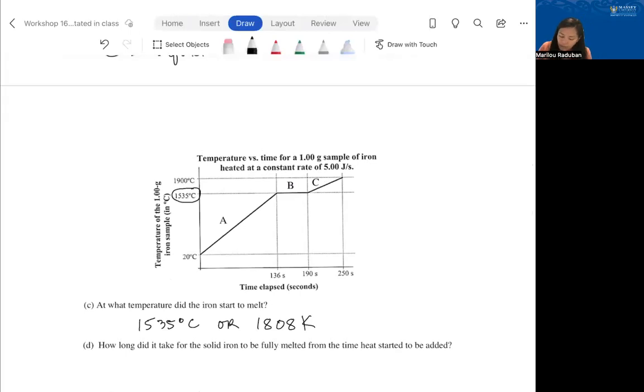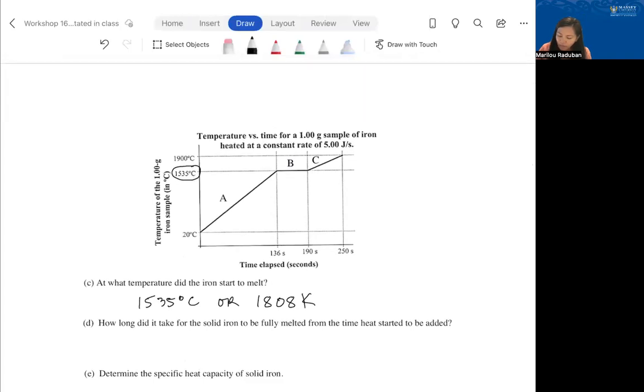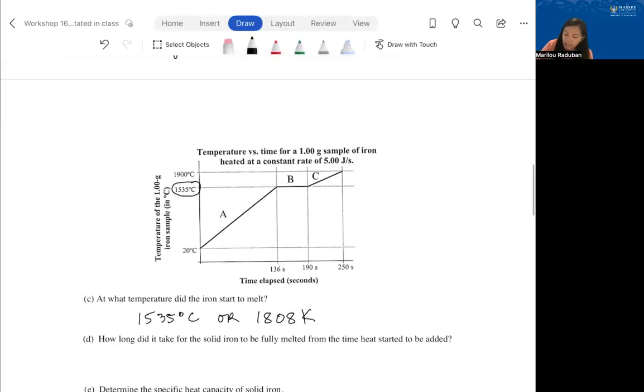Next, how long did it take for the solid iron to be fully melted from the time heat started to be added? So you're measuring the time from the initial point, the starting point.